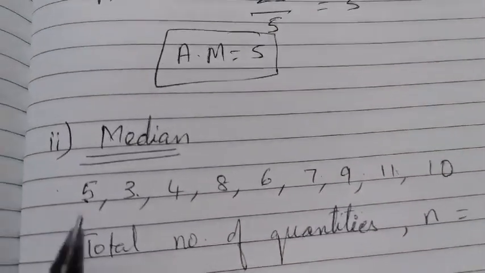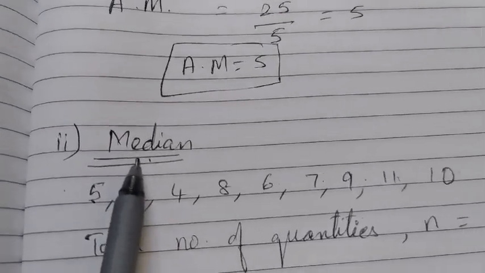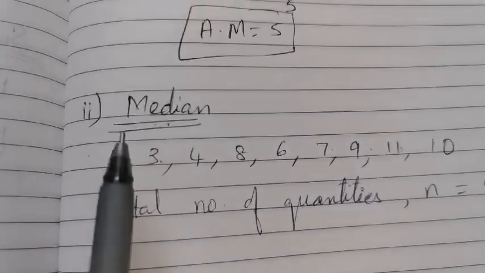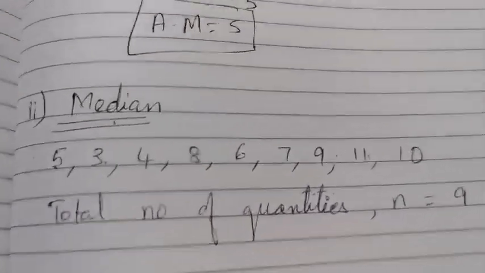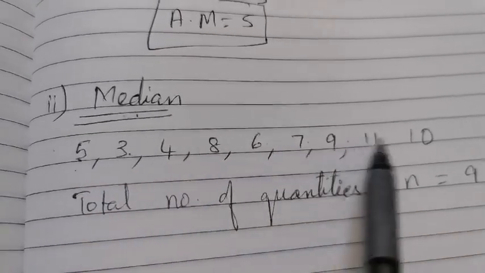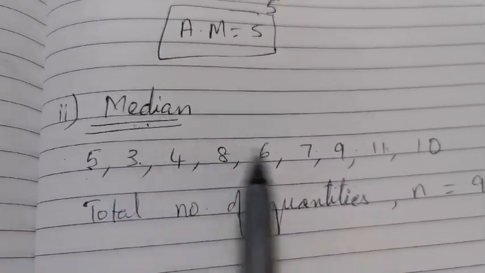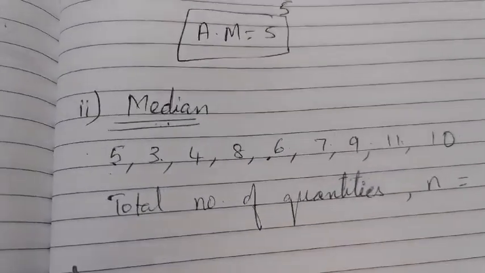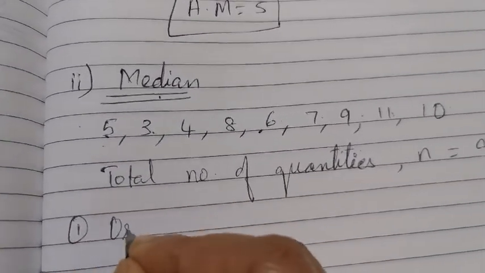First, for median, it is necessary for you to organize your data before finding the median, because you will find the exact middle term only after organizing. If you find the middle term in the disorganized data, your answer will be wrong. So first step, organize the data.